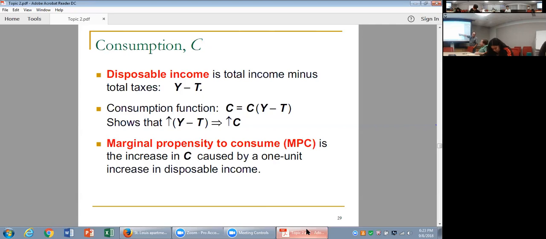to consume, which basically means that how much of every dollar do you actually decide to spend on consumption matters. In the case of the United States, it's about 0.8, meaning that the average person spends about 80% of their disposable income. Now, the other 20% isn't necessarily saved. In fact, the savings rate in the United States is about 5%, which would mean the other 15% is made up of other accounting matters, namely depreciation, which most consumers don't account for.